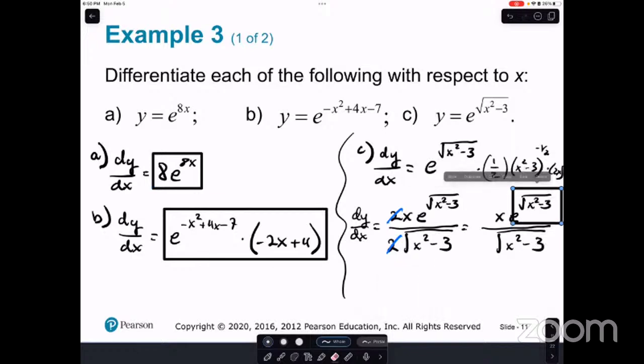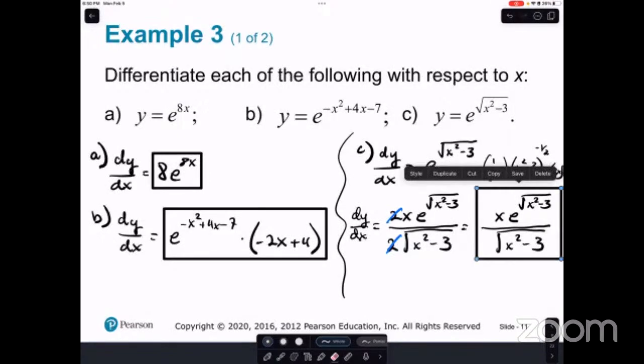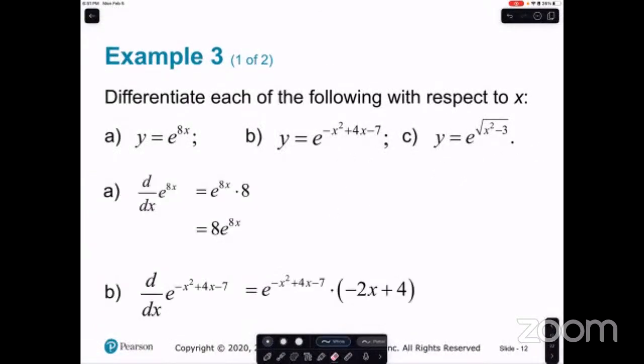That's fine. There we go. All right, I think we're okay. 8 e to the 8x. Okay, I think we got those two. Yeah, I think we got all of these.